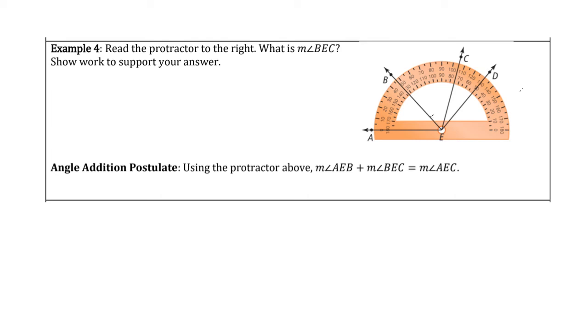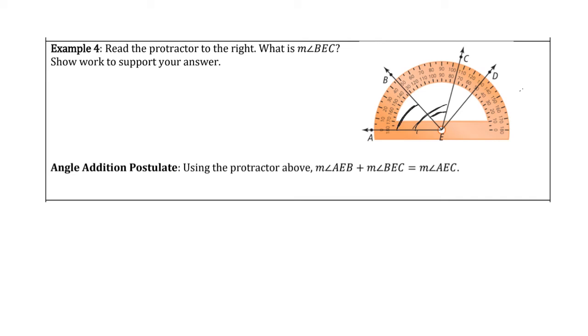So we're looking for this angle right here, the measure between those two. In order to find that, we need to know AEC, so we need to find out this angle right here. And we also need to know BEC, which is what we're looking for. And we need to lastly know AEB.